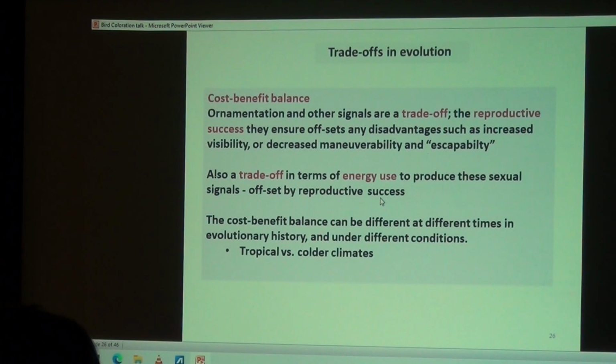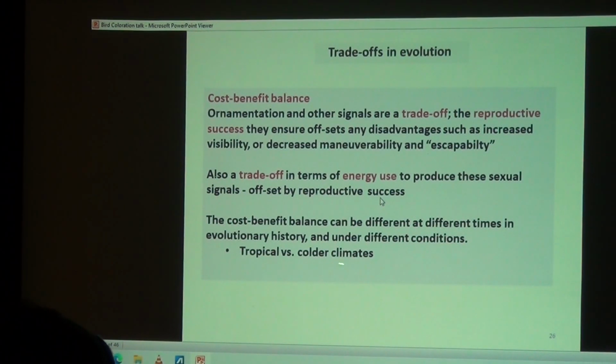The temperature is hot all year round, no need to expend energy on thermoregulation. So these birds in the tropics are much more colorful and have extravagant plumage because their cost-benefit balance is such that they have plenty of energy, plenty of places to hide, even if they have elaborate plumage.